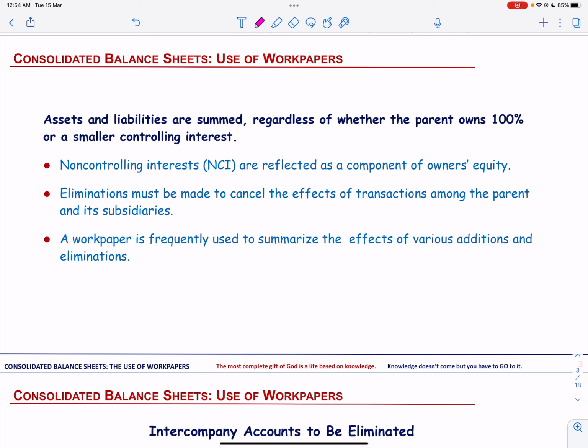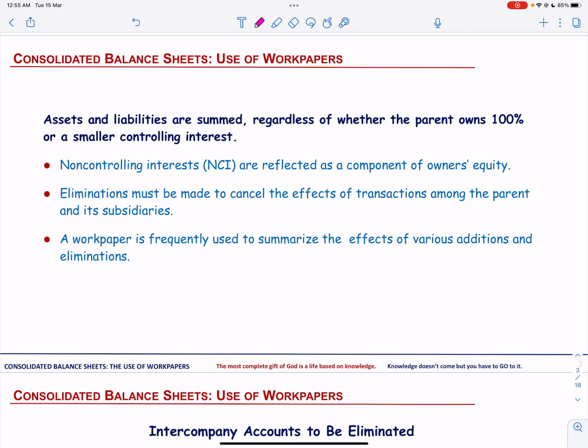Assets and liabilities are summed in their entirety, regardless of whether the parent owns 100% or a smaller controlling interest. The non-controlling interest is reflected as a component of owner's equity.